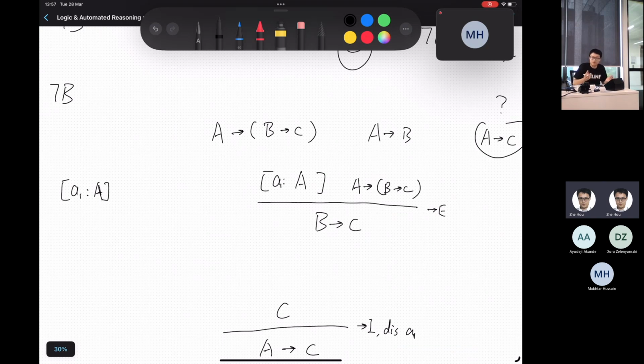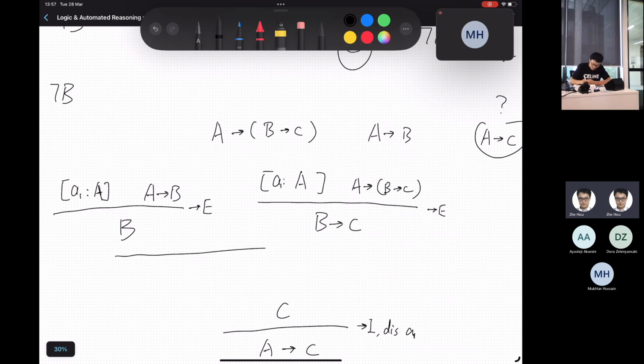We know that this is assumed true. We also have A implies B. So what can we conclude? We can conclude that the right-hand side of the implication is true. So B is true. And that is, again, implication elimination.